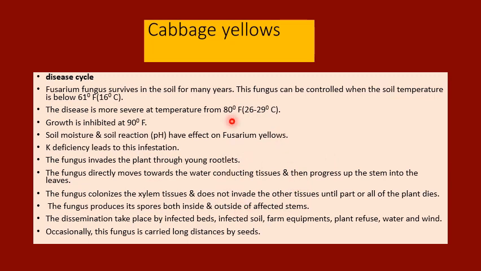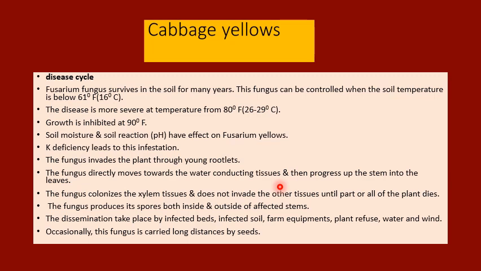Actually, this disease is not coming from the hydathodes or other places. This fungus comes directly from the water conducting tissues, and it will go to the water conducting tissues of the stem, and ultimately to the leaves.